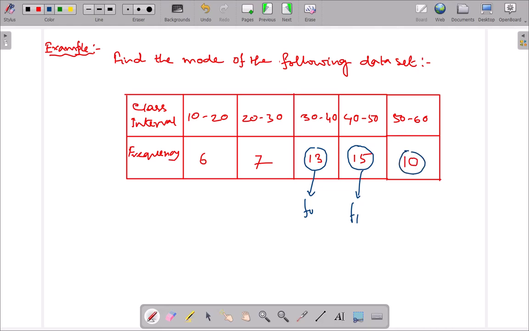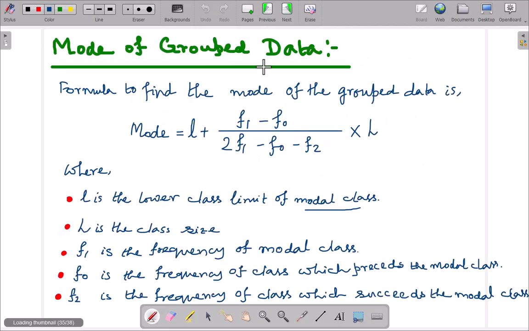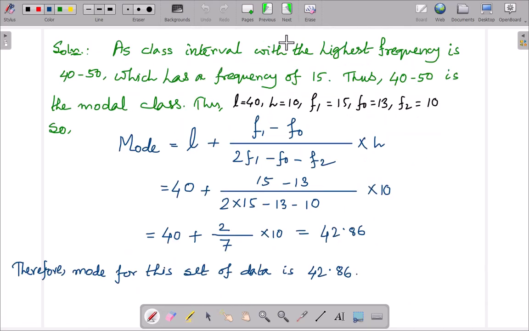So, 10 is F2. Here we note L equal to 40, the lower limit of modal class, and the size of class interval is H, that is 10. Now we put these values in this formula. Thus we get the mode of the data set is 42.86.